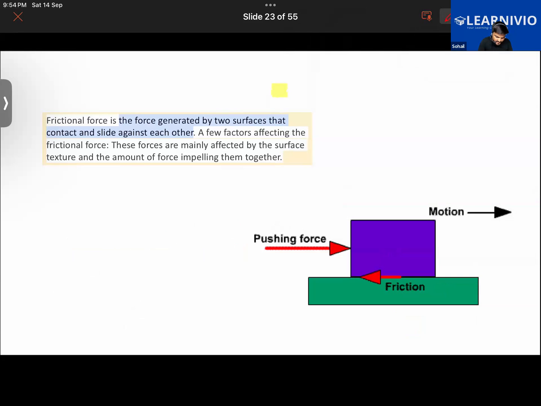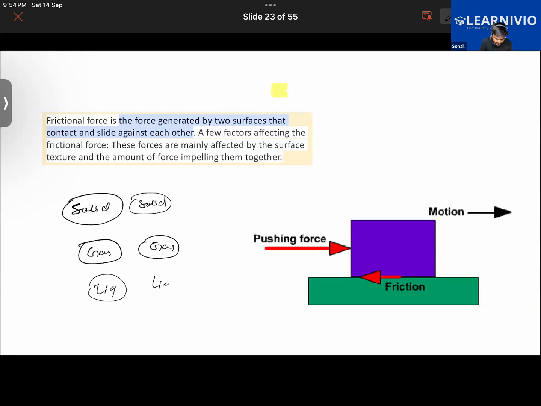I basically mean that frictional force exists between two solid objects, between two gaseous objects, and between two different liquid mediums. Furthermore, it can occur between a solid and a gaseous medium, or a liquid medium also. These are a few basic things.